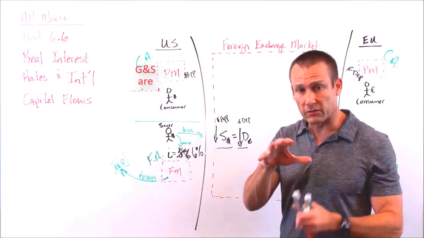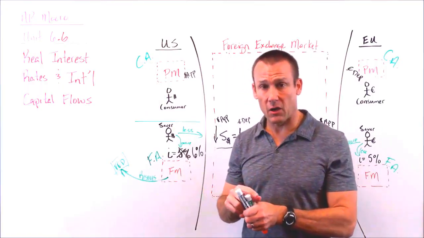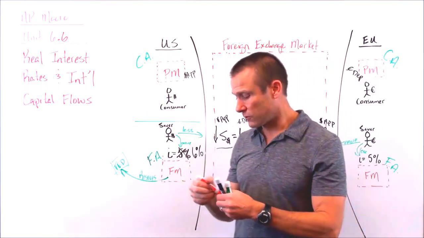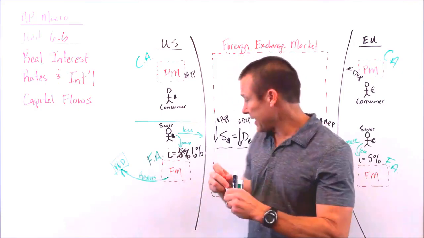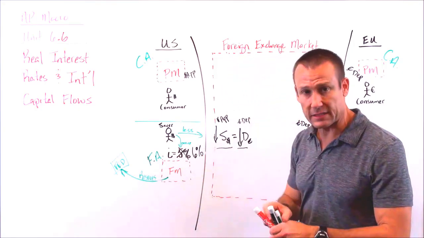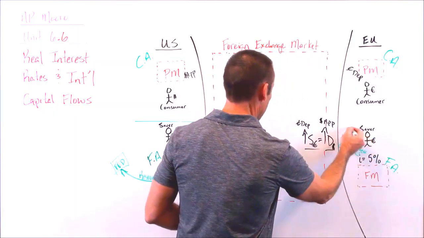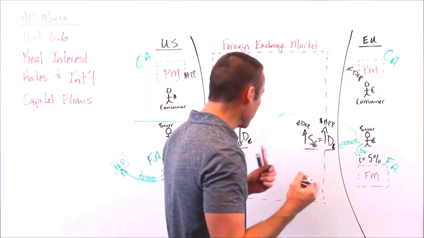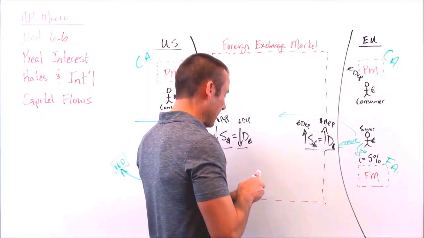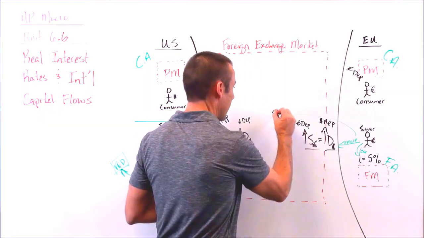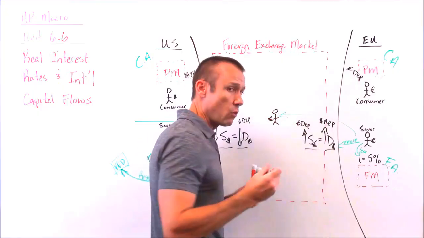Now, I want to look at this in kind of slow motion, on how this is working, okay? So here's the deal. That interest rate goes up in the United States. This European saver right here is going to come out into the exchange market with their euros, right? So they're going to come out, they've got their euros right here in their hand, and they want dollars.